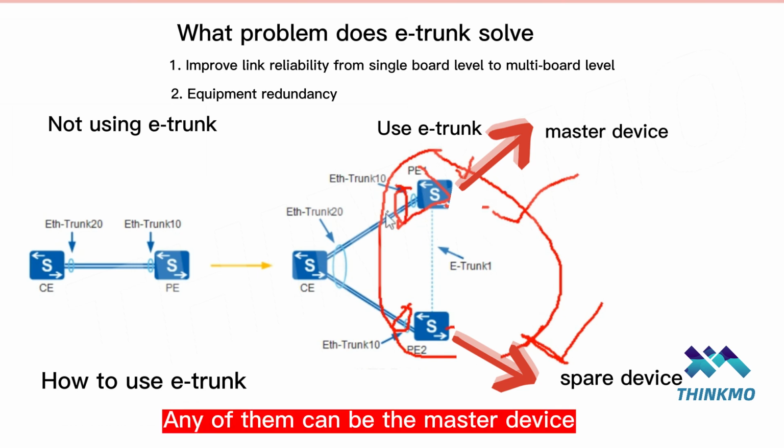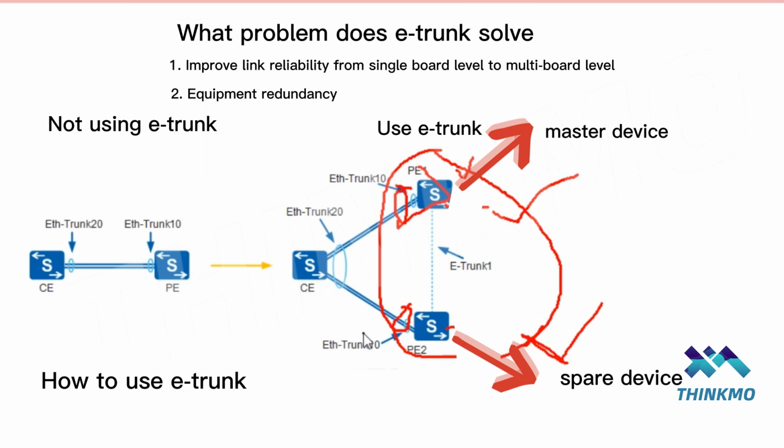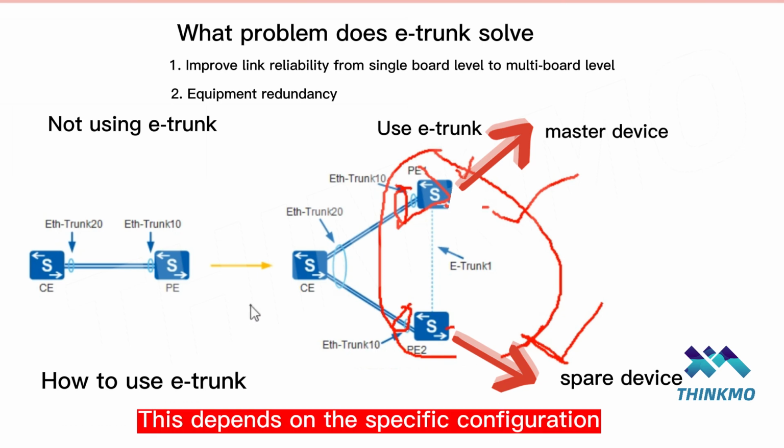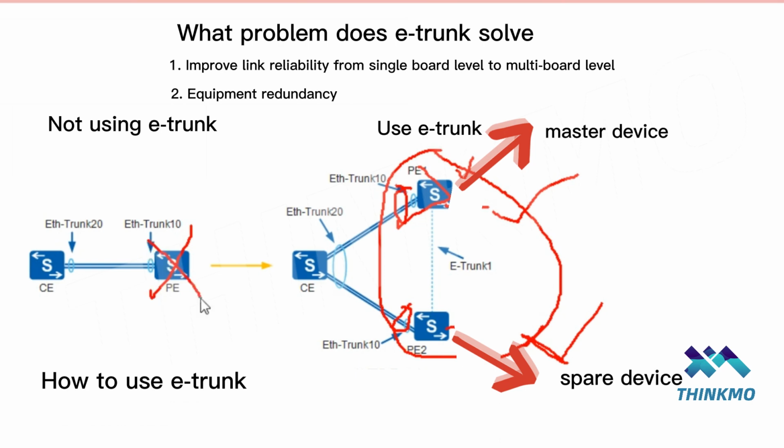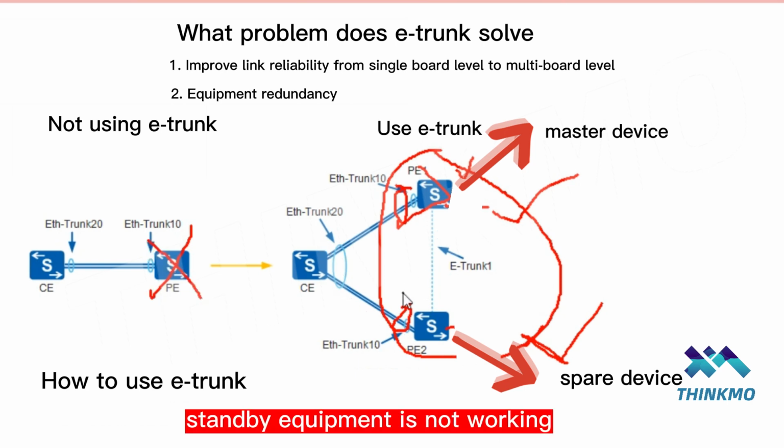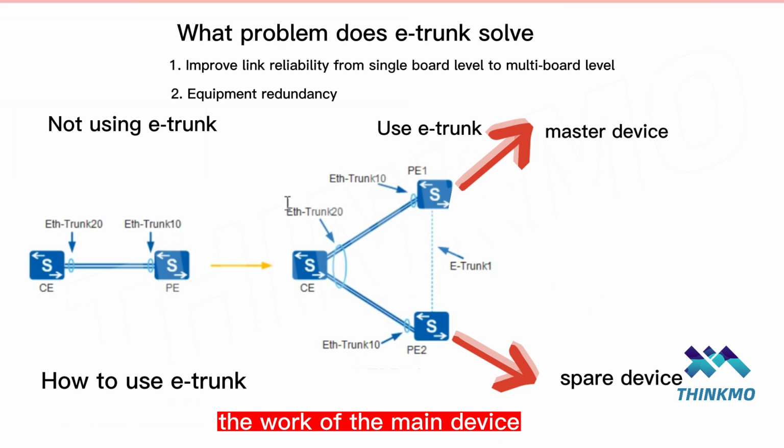Either of them can be the master device, and it can also be the standby device. This depends on the specific configuration. Normally only the master device works. The standby device is not working. When the master device goes down, the standby device will take over the work of the master device.